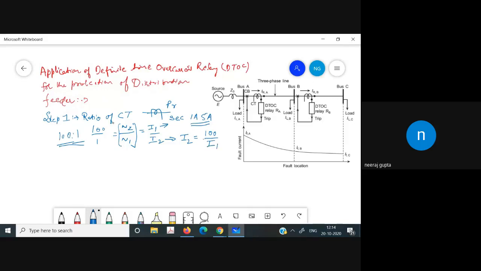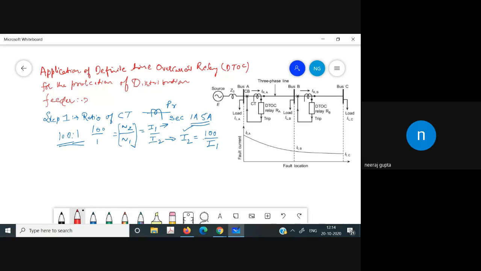In this way, we get the value of the current which is used for the protection circuit. So first we have to select the ratio of the CTs, with the primary and the secondary current.